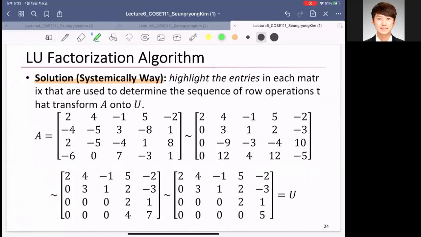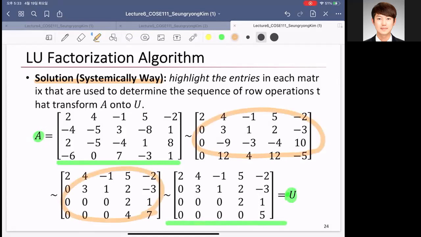Here's matrix A. Then we want to row reduce the original matrix A to the matrix U. You already know how to row reduce this original matrix A by using interchanges. Then, in a systematic manner, highlight entries in each matrix that are used to determine the sequence of operations that transform A onto U. So what does it mean?